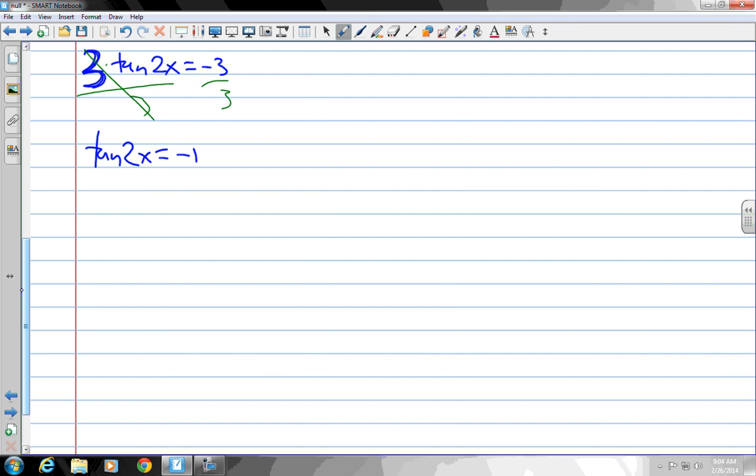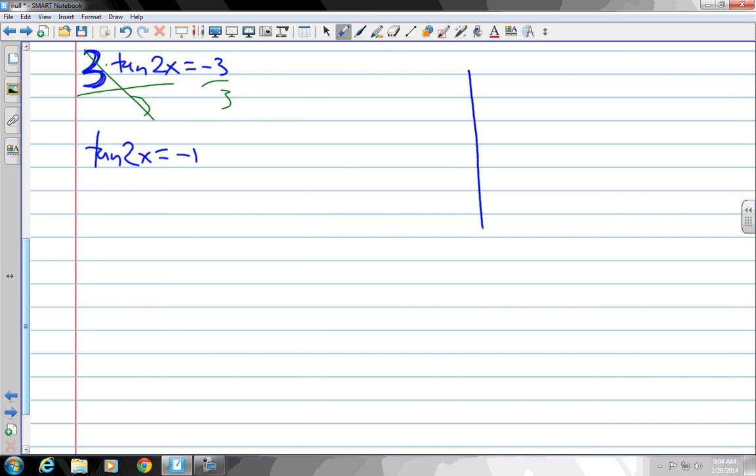So that means sine and what? Sine and cosine have to be the same but opposite signs. So it has something to do with the 45-degree angles.